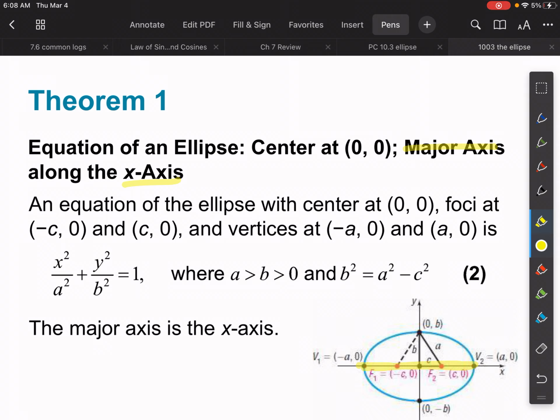The foci are at (negative c, 0) and (c, 0), so they call that distance from the center to a focus the value c. So c has to do with the foci when you see a c today. And the vertices are at (negative a, 0) and (a, 0). A is the distance along the major axis, so the major axis deals with a here.